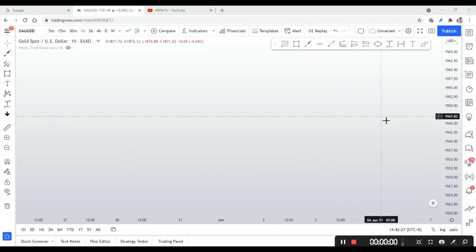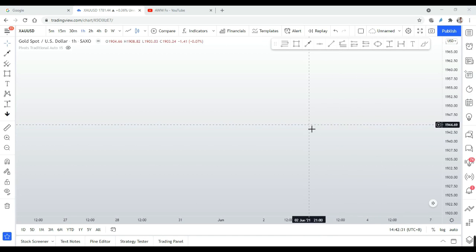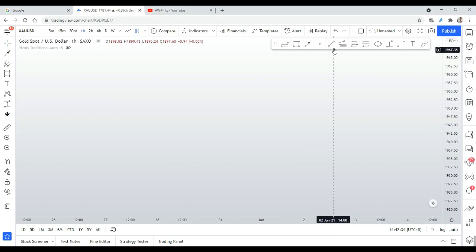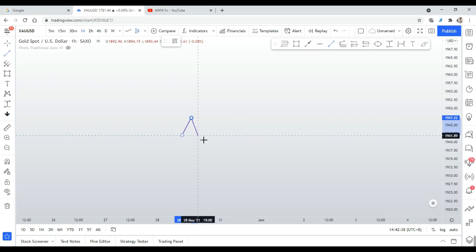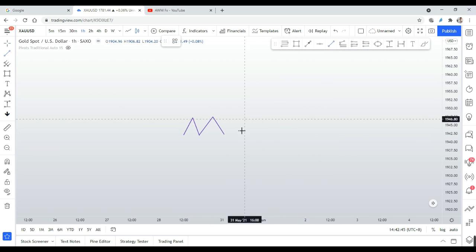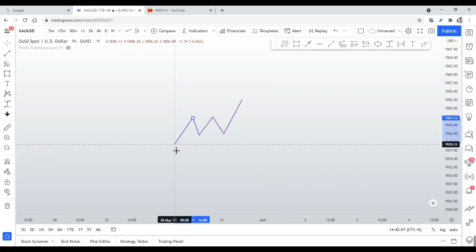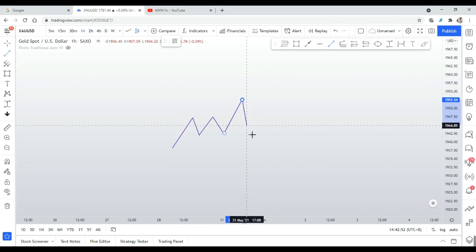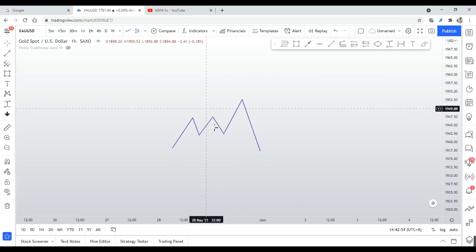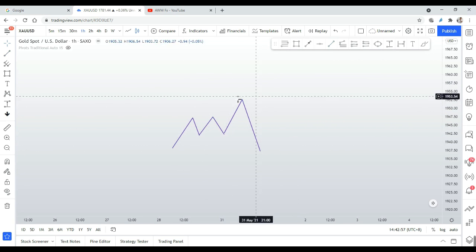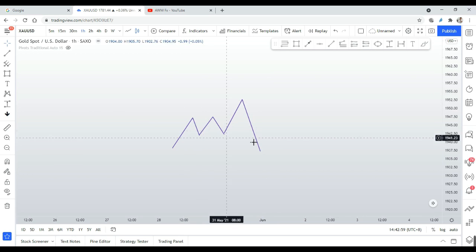All right, so the last QML. The concept is very, very simple, right? The price comes back. Let's assume something like this, right? And then drop. All right, so this is a type of QML.